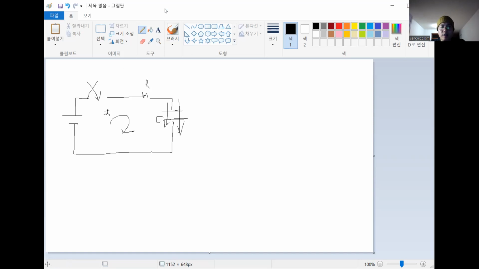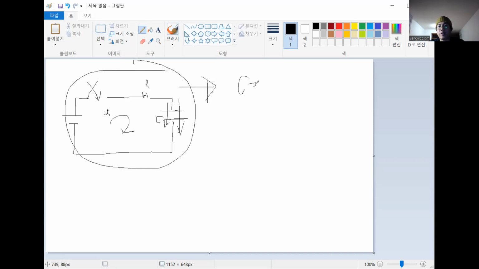Let's see here. First of all, oh yeah, I didn't explain this to you guys. A capacitor prevents or interrupts the sudden change of voltage, but the inductor prevents or interrupts the sudden change of the current, right?